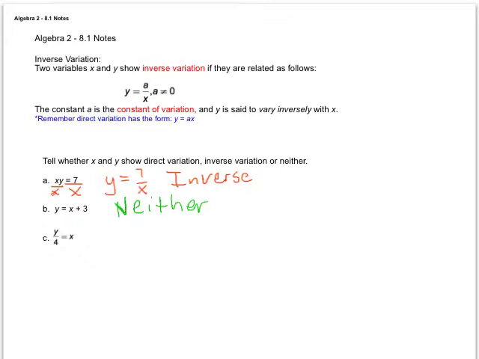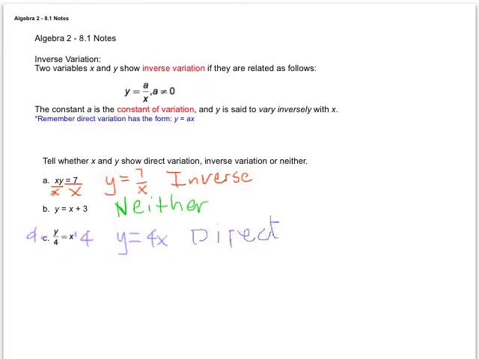Well, again, get that y all by itself, and in order to do that, you're going to multiply both sides by 4. What you end up with is y equals 4x. And that looks an awful lot like direct variation. So that is what it is.